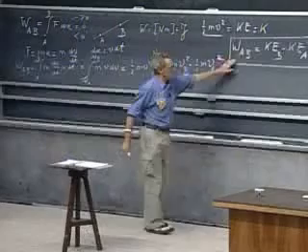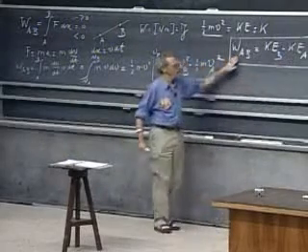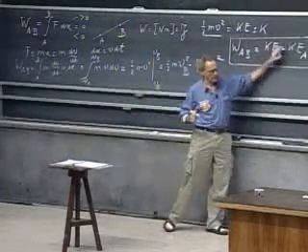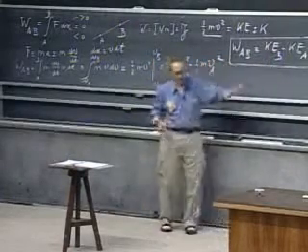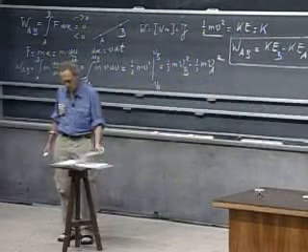If the work is positive, then the kinetic energy increases when you go from A to B. If the work is smaller than 0, then the kinetic energy decreases. If the work is 0, then there is no change in kinetic energy.